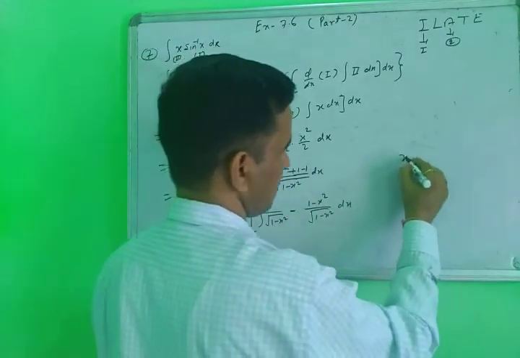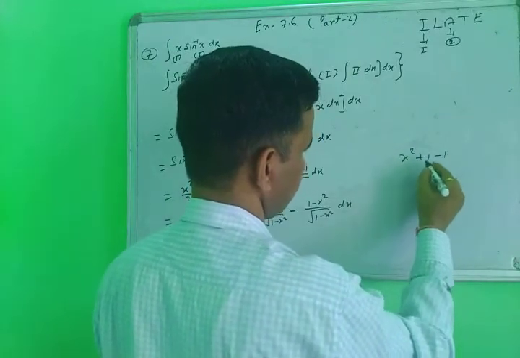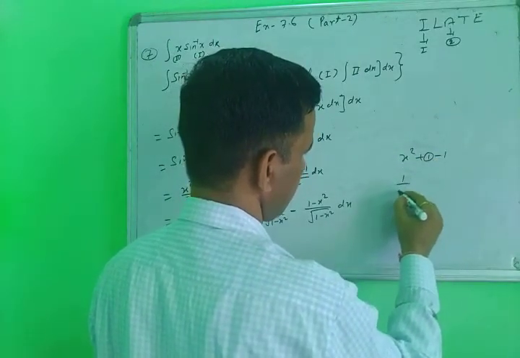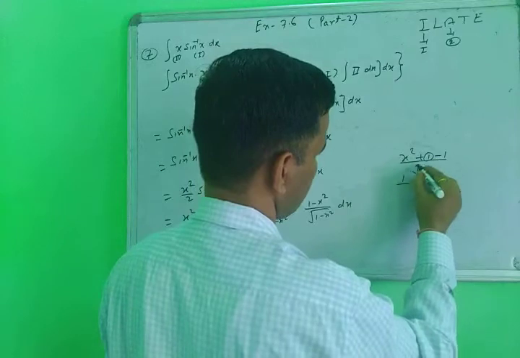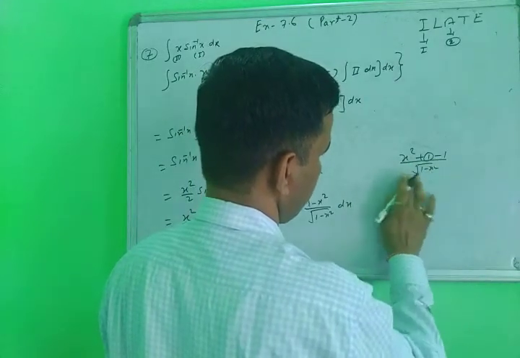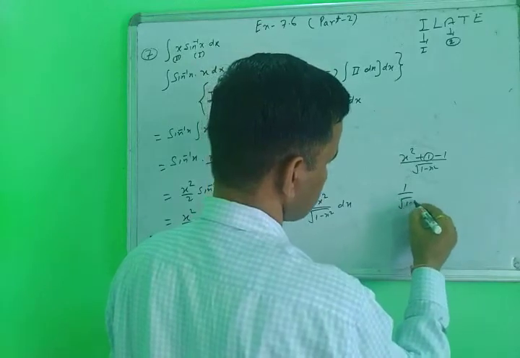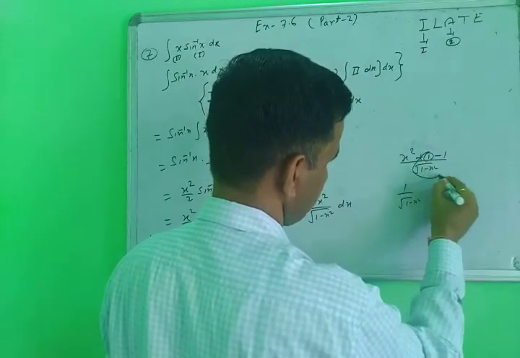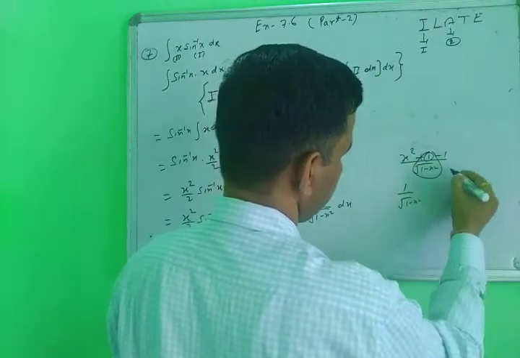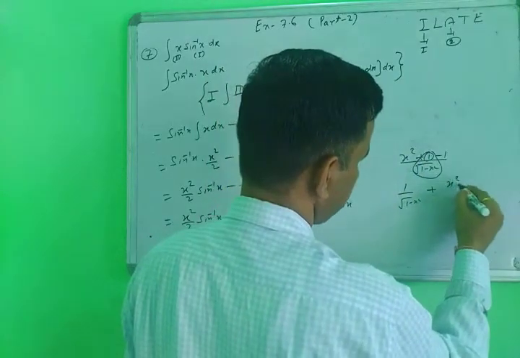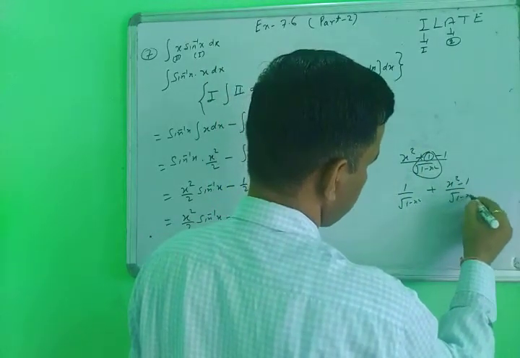Here it is x square plus 1 minus 1. The first part I am taking separately: 1 upon root 1 minus x square. And again I am taking plus x square minus 1 upon root 1 minus x square.